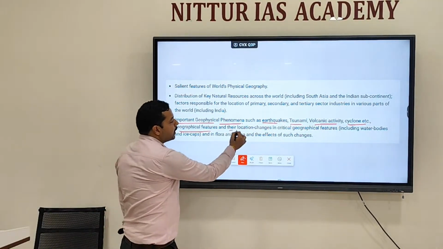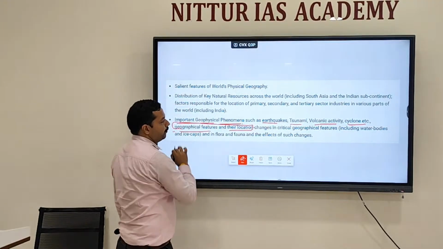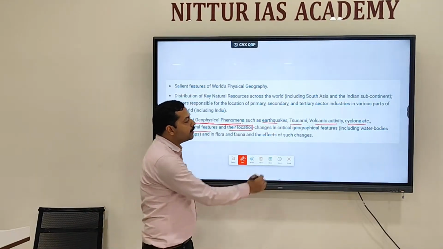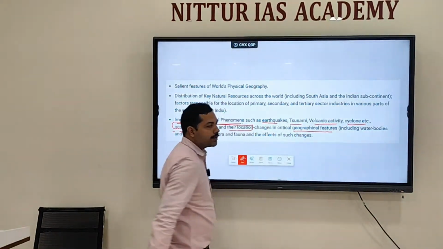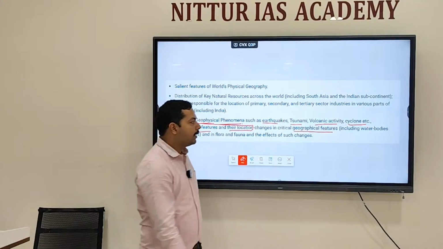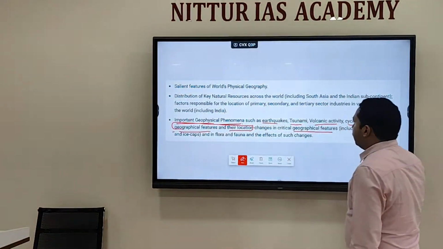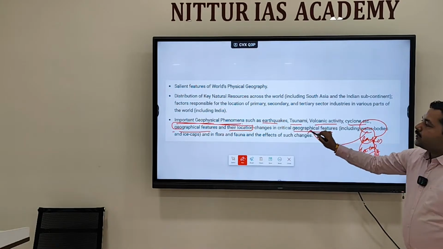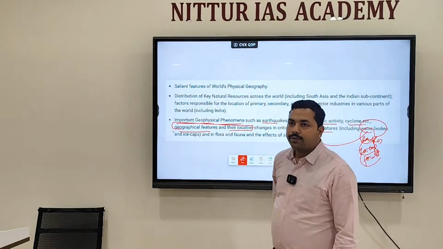Geographical features and their locations. Changes in critical geographical features. What do critical geographical features mean? Like lakes, like ice caps, like forests. Clear? Any changes in such features, you have to study.